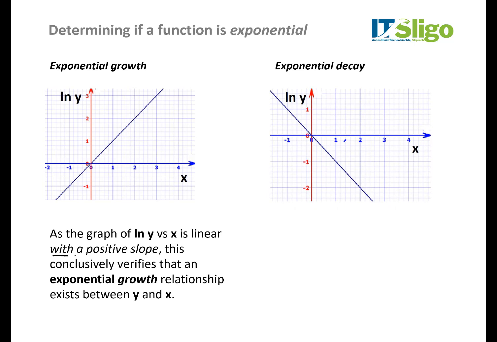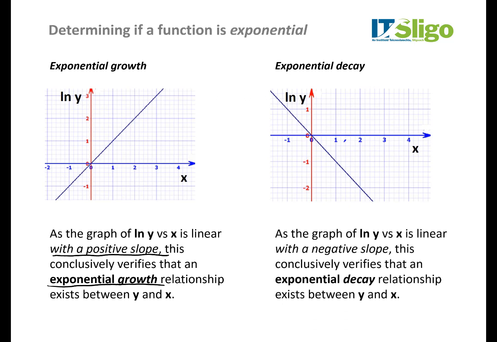So if you've got a positive slope and a straight line, that means you're looking at exponential growth. If you've got a linear straight line and a negative slope, that means you're looking at an exponential decay relationship if you've plotted natural log of y versus x.